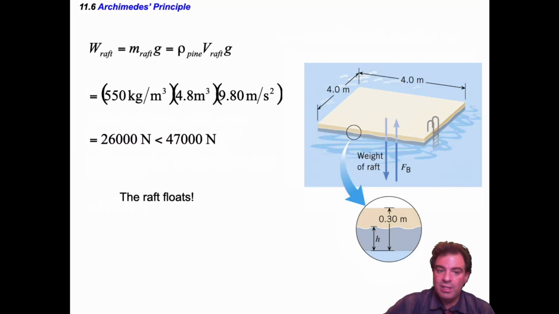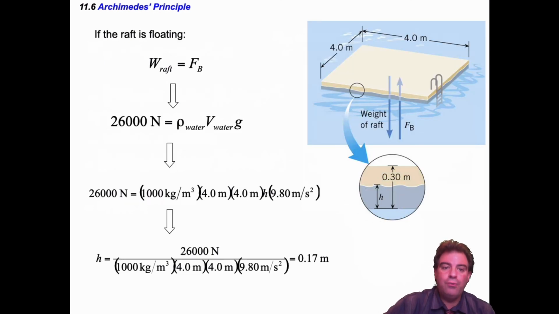And 26,000, of course, is the force of gravity. So we know that the raft floats. Finally, if we make the force of gravity equal to the force of buoyancy and solve for h, we see that it's 0.17 meters, and only 0.17 meters is going to be submerged, and as we just said, 0.13 meters is going to be outside of the water.